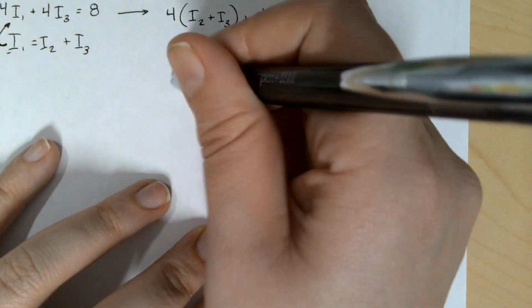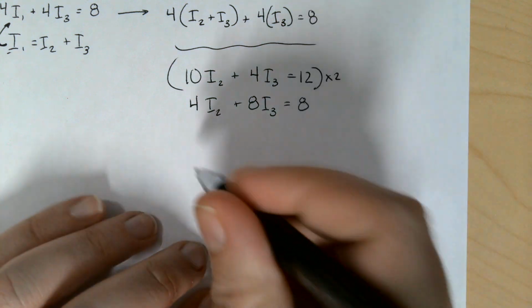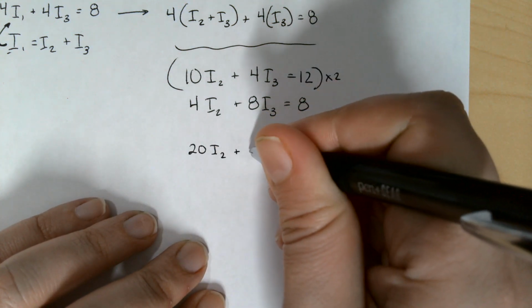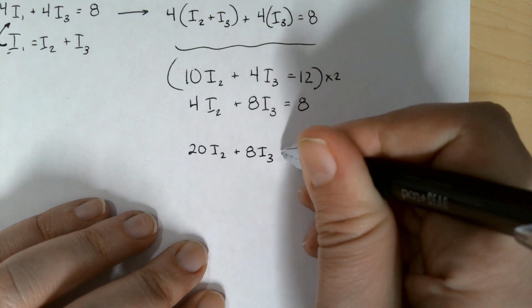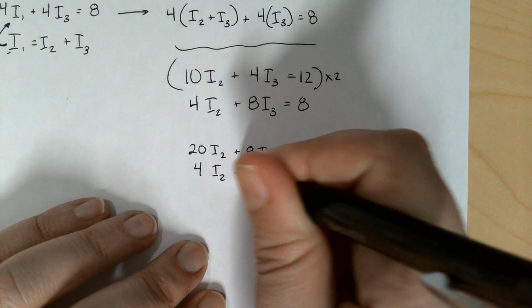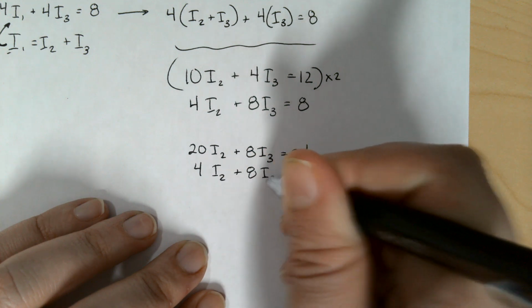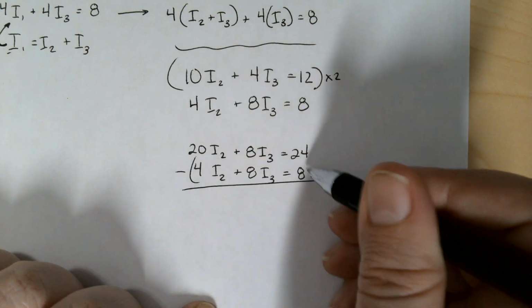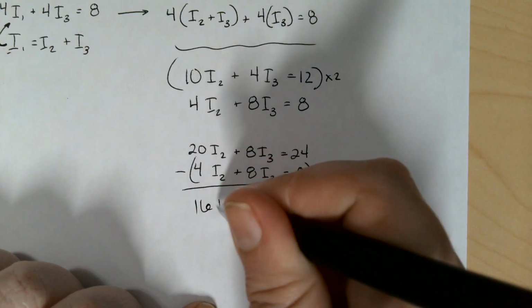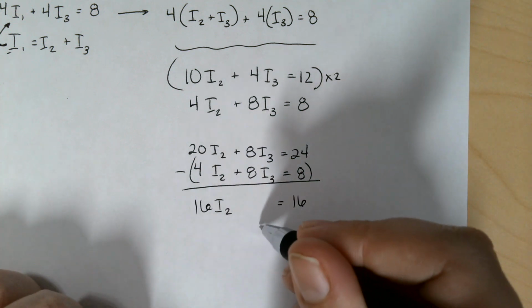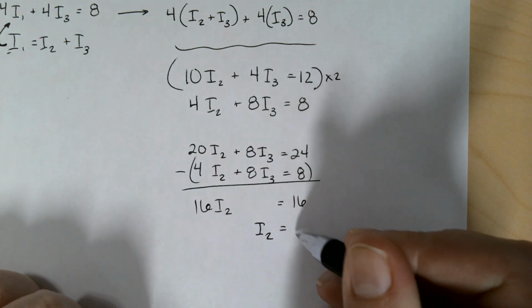So, times 2, 20I2 plus 8I3 equals 24, and 4I2 plus 8I3 equals 8. Subtract the two equations. Anyhow, that gives me 16I2 equals 24 minus 8, which is 16. Therefore, I2 is equal to 1.